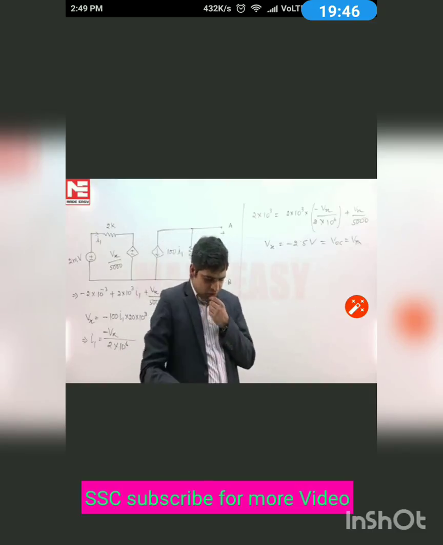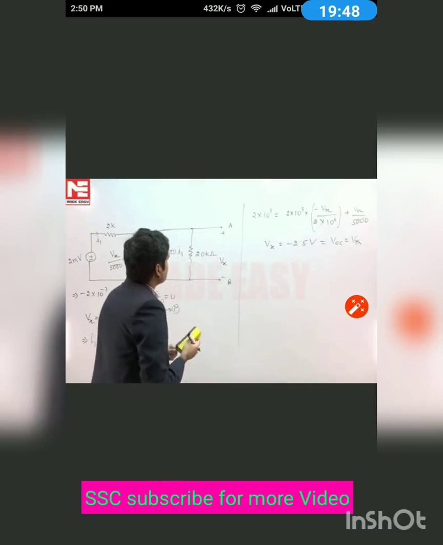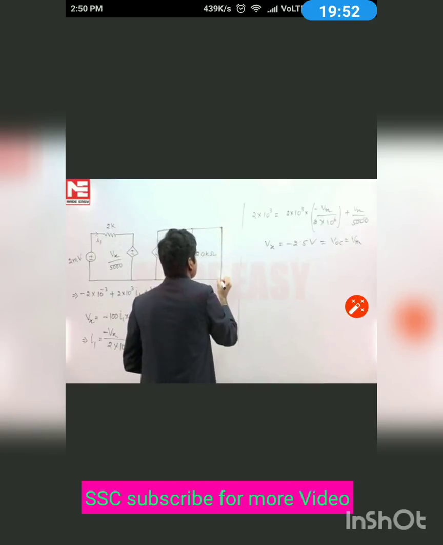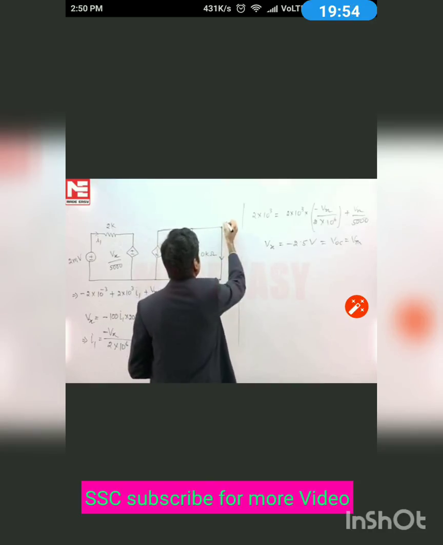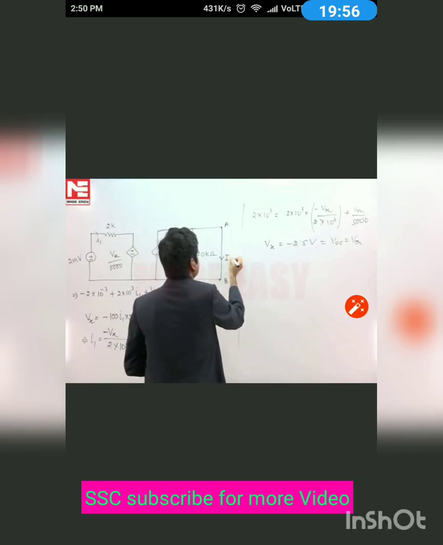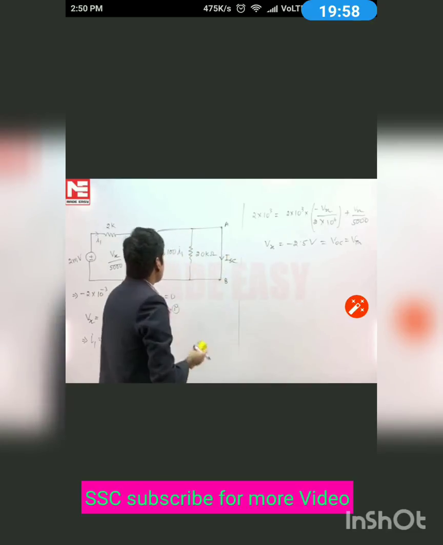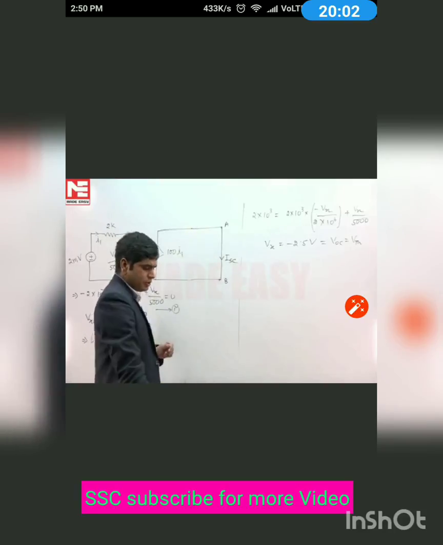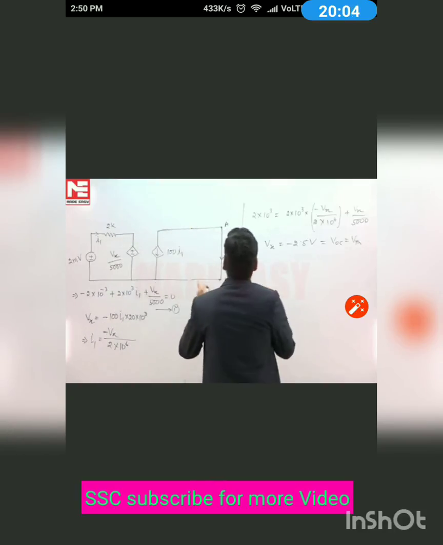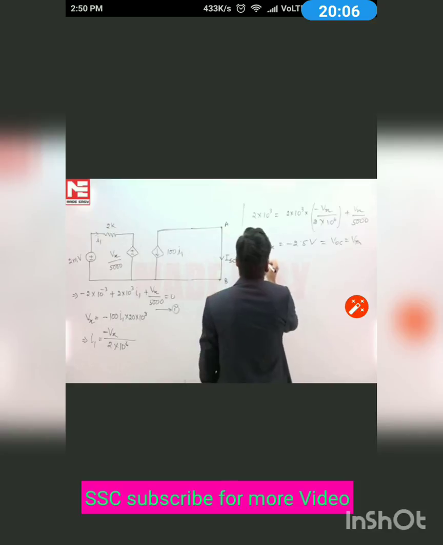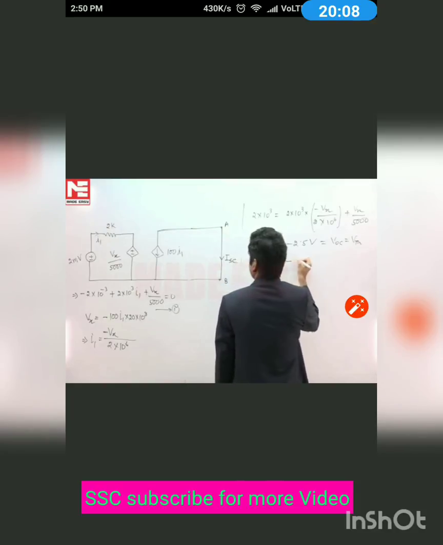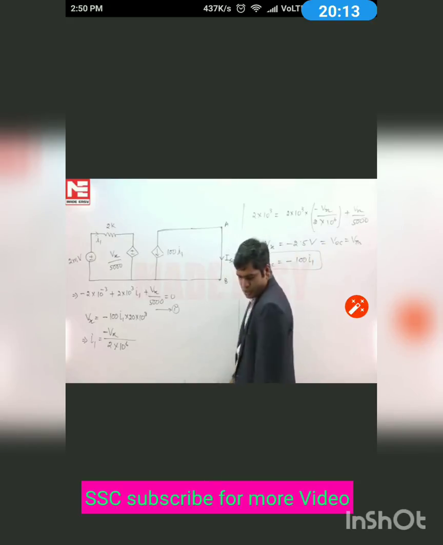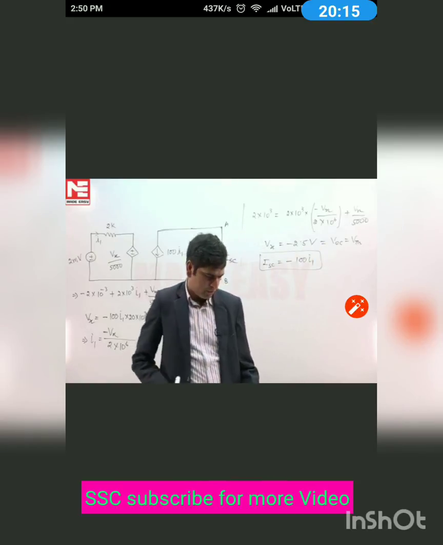Now to calculate RTH, let us calculate the short circuit current. So short circuiting this terminal A and B, it is ISC. If you short circuit, this becomes dead, a short circuit. So ISC will be equal to minus of 100 I1. Now we want to calculate I1.